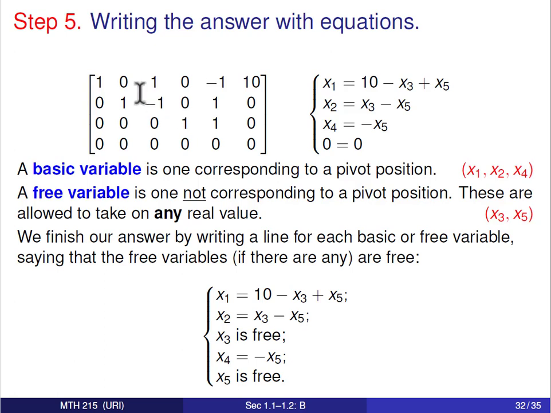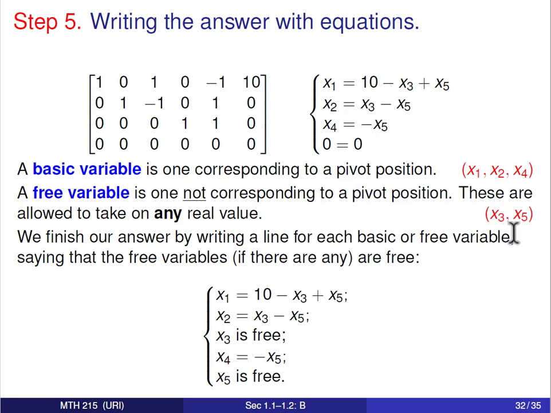Another way to say that is that the first column, the second, and the fourth column are the pivot columns, and that means that x1, x2, x4 are the basic variables. Now, there is no pivot position in column 3 or column 5, and that means that x3 and x5 don't correspond to a pivot position. What we'll say is instead that these are free variables.